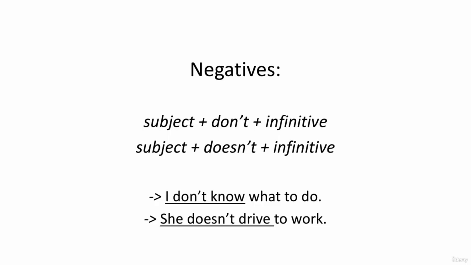So, when forming negative sentences with contracted auxiliary verbs, we can use the constructions subject plus don't plus infinitive and subject plus doesn't plus infinitive. I don't know what to do. She doesn't drive to work.